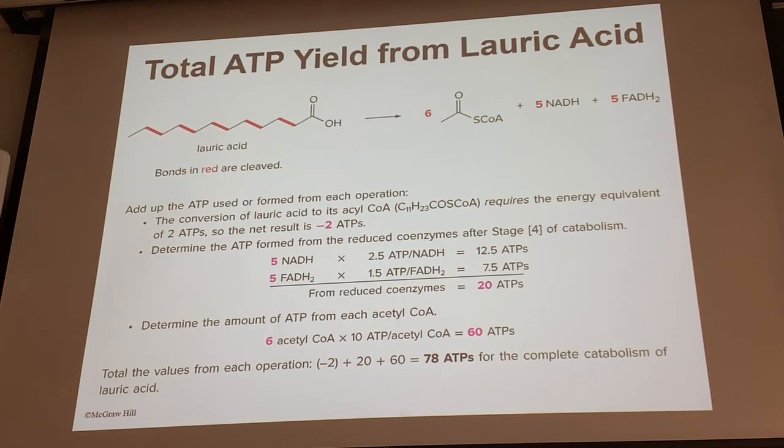So you can divide the ATP yield by the number of carbons in the molecule you start with, and you find that the beta oxidation pathway does come out ahead. You get about 6.5 ATPs per carbon, whereas in glucose, you're getting about 5.5 ATPs per carbon. So that's why lipids are indeed a slightly better source of energy than carbohydrates.